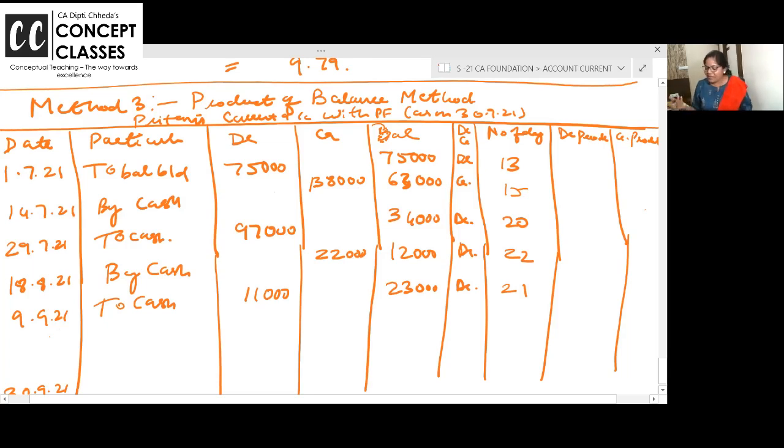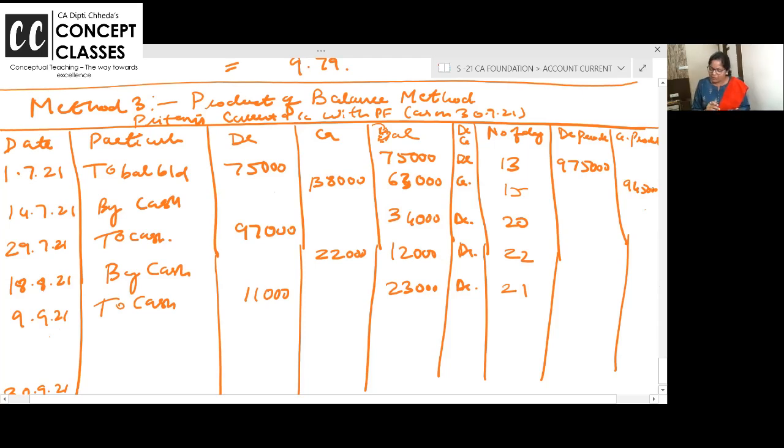Now, number of days are ready. So either you can calculate interest from 1st July to 14th July, or you can do product. We will do product because interest rates are different. So now, 75,000 balance was there for 13 days, so 9,75,000. 63,000 balance was there for 15 days, and that is credit side, 945.